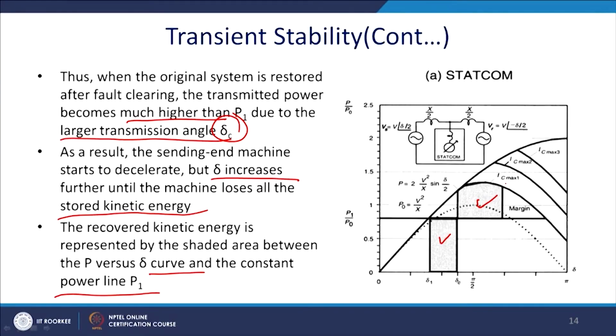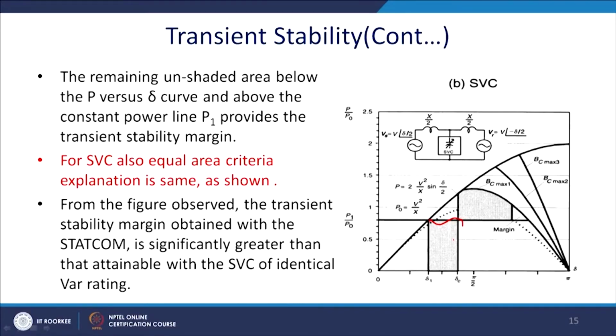So, this is your accelerating area, this is your decelerating area. Now, what happens with the SVC? Same thing, this is your accelerating area. The remaining unshaded area below the P versus delta curve and above the constant power line P1 provides the transient stability margin. So, this is your transient stability margin.